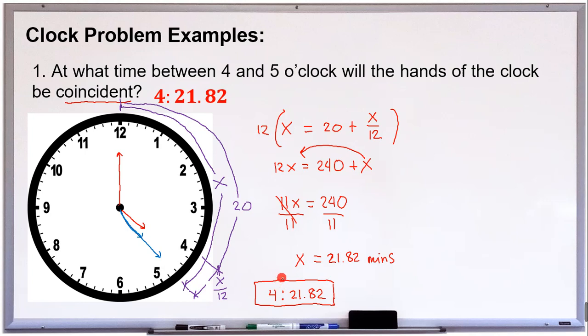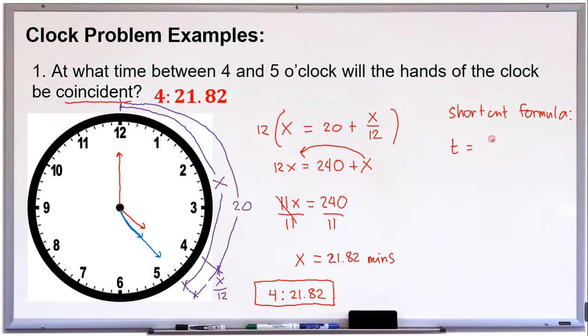Now, this is the long method, but you can also solve this problem by using the shortcut formula. So our shortcut formula in solving the time after 4 o'clock, in which the two hands will coincide with each other, is by using this one.